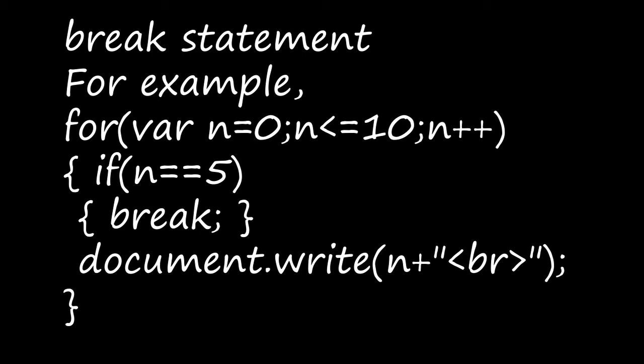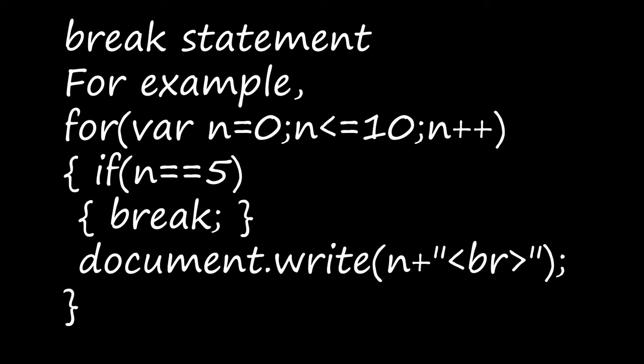So here, this will give the value of n starting from 0. When n is equal to 5, the break statement is executed, and the loop is terminated, and you will get the output like 0, 1, 2, 3, 4. Right, here we'll see this break statement's example code.